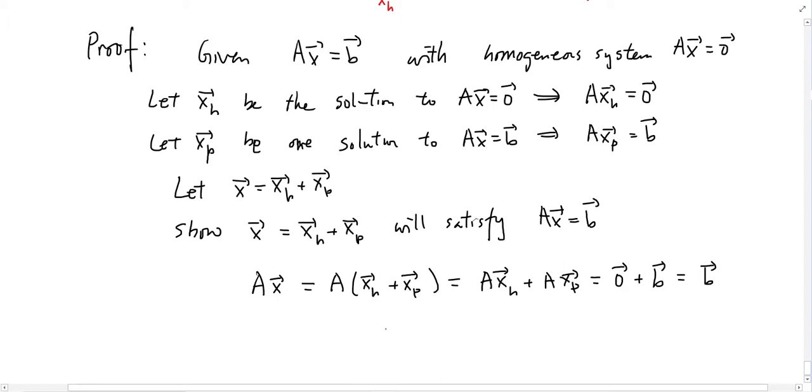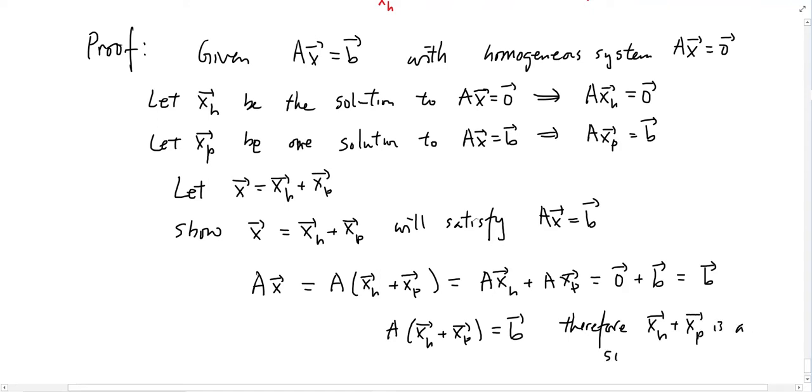Then that shows that A times vector x sub h plus vector x sub p will give me vector b. Therefore, vector x sub h plus vector x sub p is a solution to the system. Which is what I needed to prove.